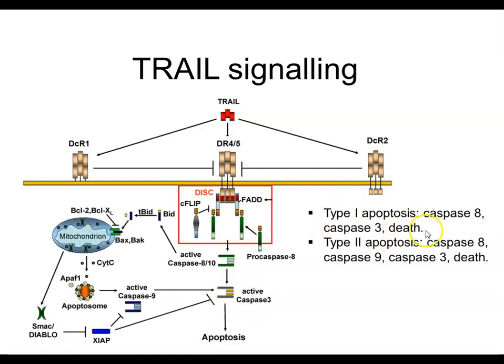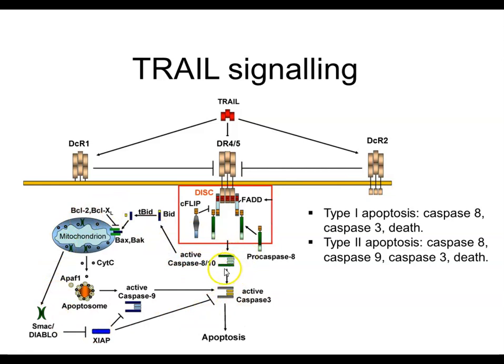So type 1 apoptosis seems to occur particularly in hematological cells, which are being naturally killed off very, very quickly. However, in most cells, and certainly most tumour cells, type 2 apoptosis occurs, where we get TRAIL binding to the death receptor. It could be Fas ligand or TNF alpha, activates caspase 8, and rather than directly activating caspase 3, which can happen to some extent, it requires an amplification of this process.